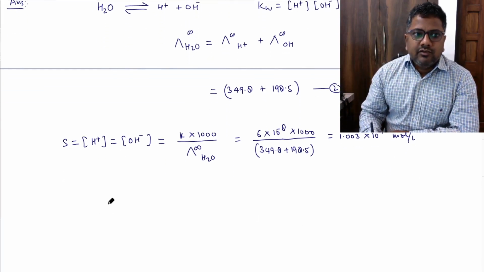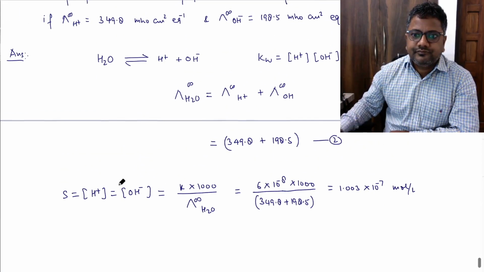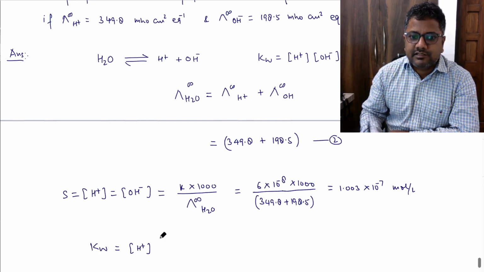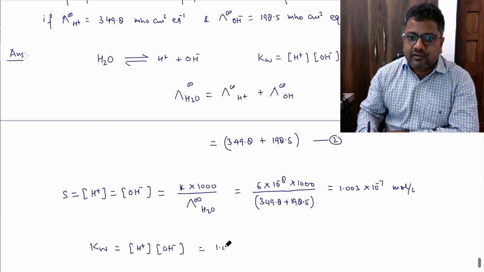And now Kw is equal to the concentration of H plus into the concentration of OH minus. So this is equal to 1.003 into 10 power minus 7 multiplied by 1.003 into 10 power minus 7.